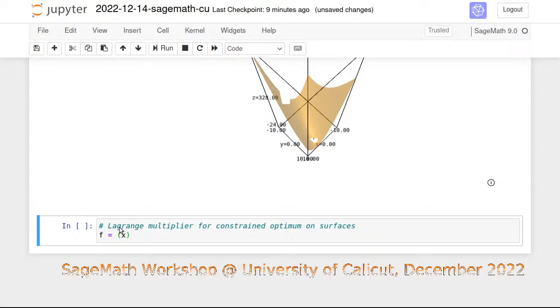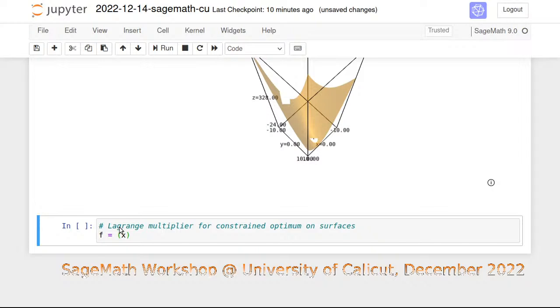We are randomly choosing a point, say it's 1, 2, 2. Now a sphere is also given to us. So we are trying to find out the distance from this point to all other points.